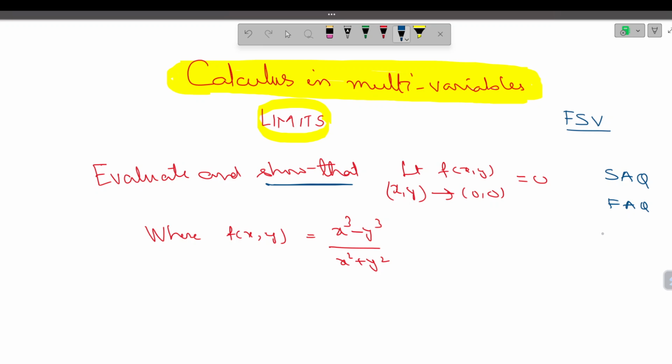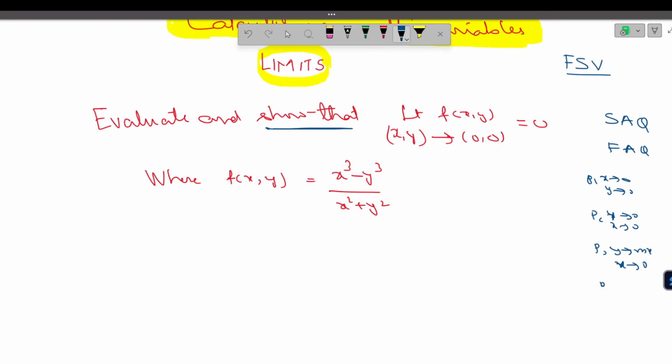You are taking the limit as x tends to 0 along the path y tends to 0, that is P1. Then you go along the path y tends to 0, x tends to 0, P2. Then along the line, P3, and then along a curve, P4.